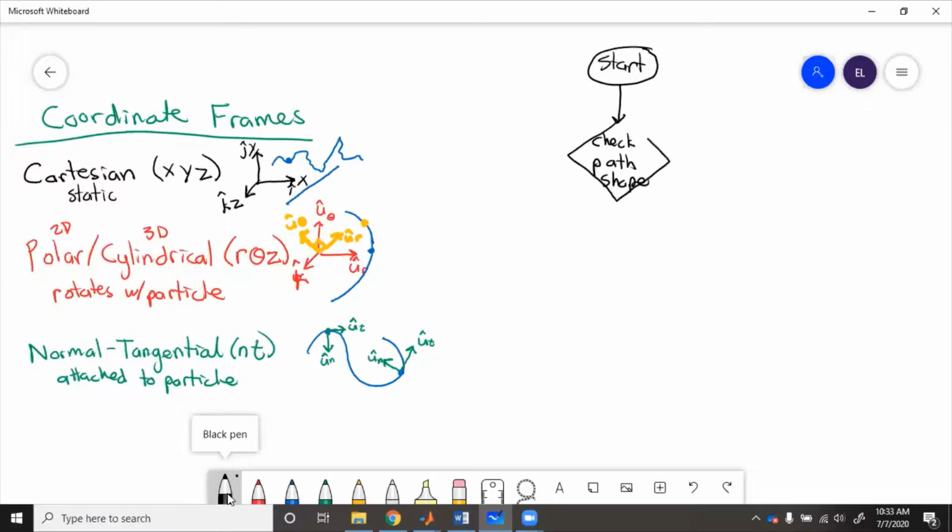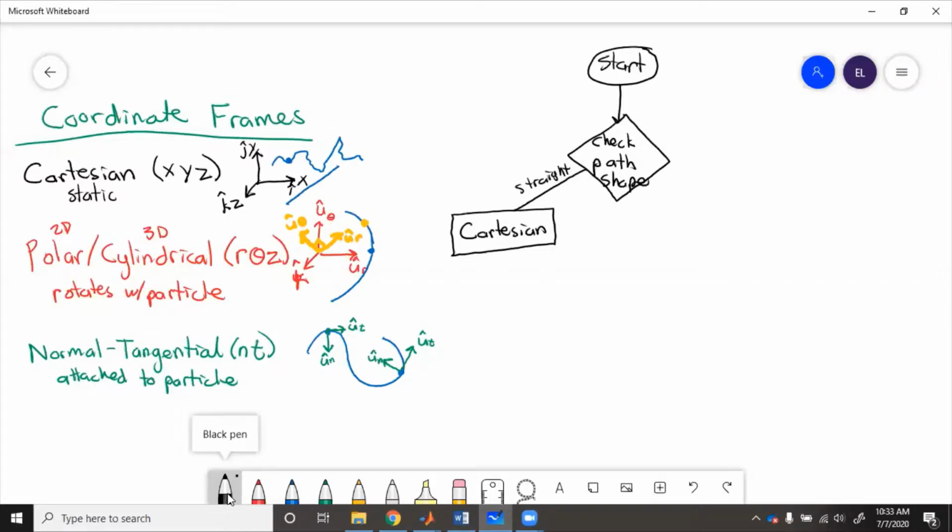Check the shape of the path. If it is straight, then we go with Cartesian. So you want to use that static frame if the particle moves in straight lines.